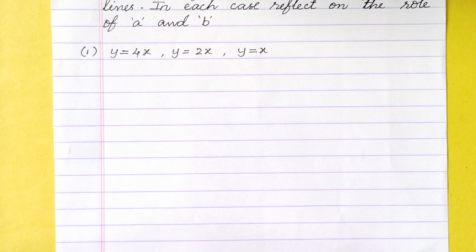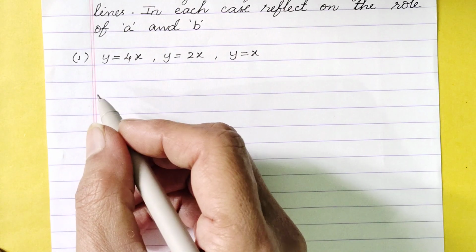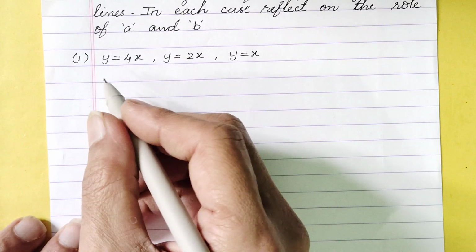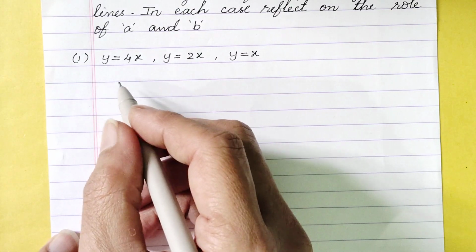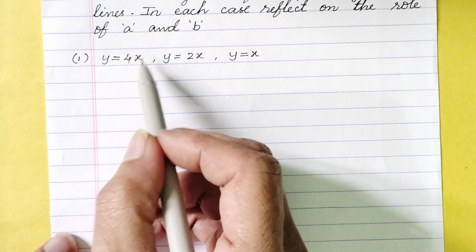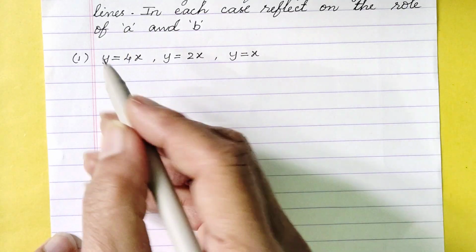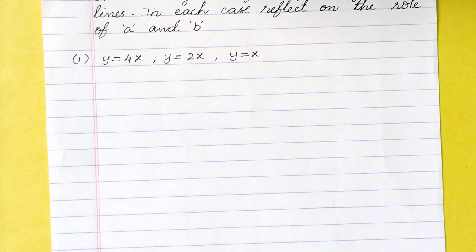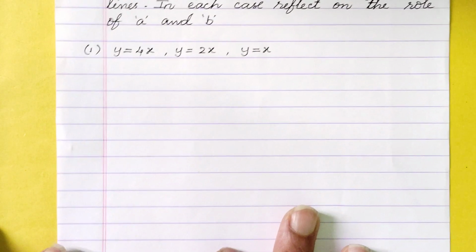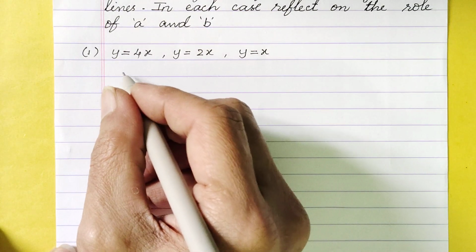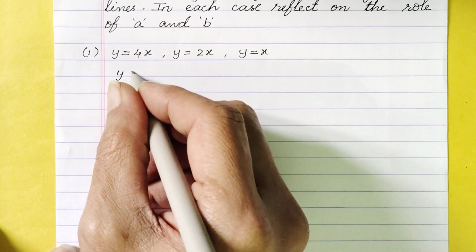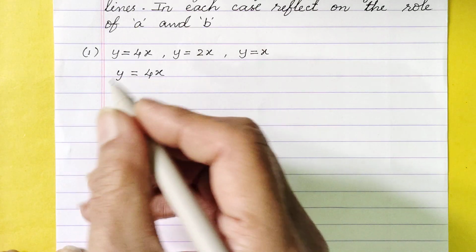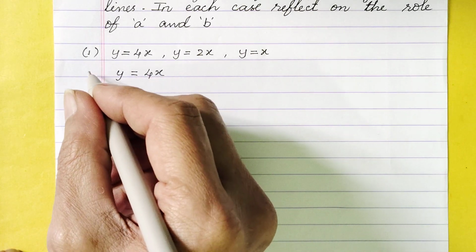For the first one, the first equation, y is equal to 4x. That's the first one.